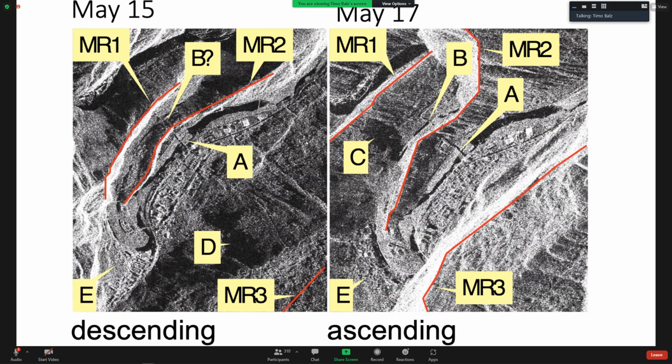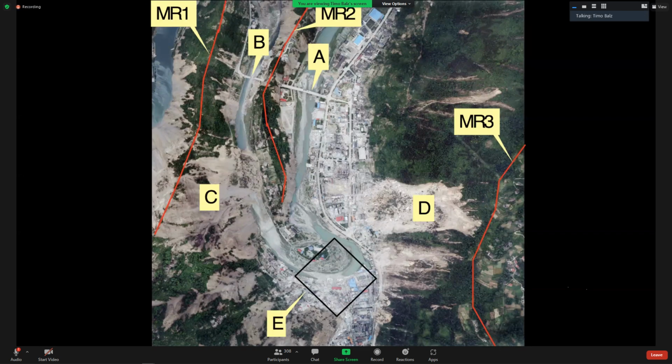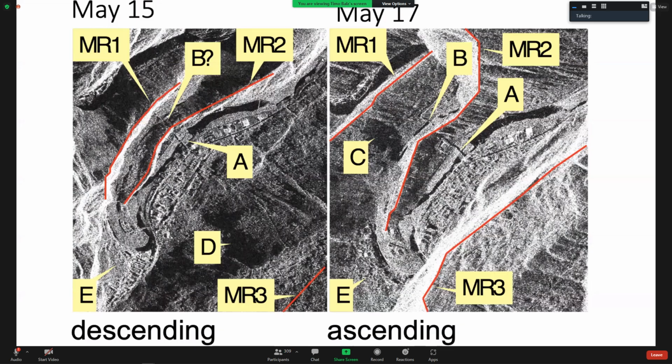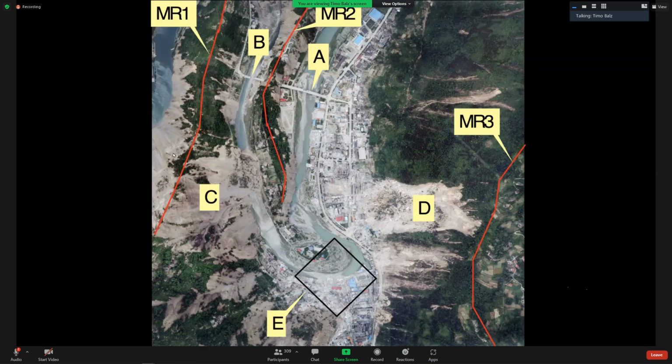So we can't really see that. What we see here is actually the landslide on the other side of the ridge, going to the left, going down here. That's the landslide that we see in that image. We see that side here, but not landslide C.